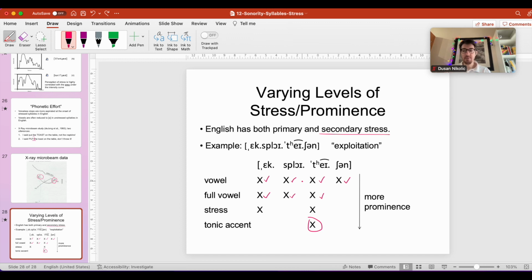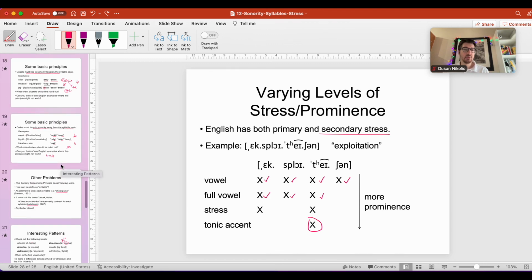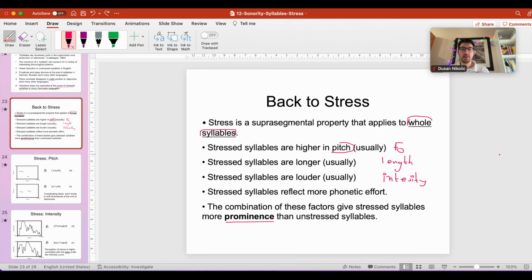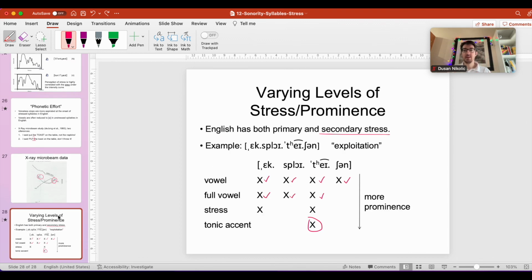However, pay attention or focus on just a single syllable that is in general higher in pitch, longer, and louder, right? That's how we determine stress. And I know you've been asking about it this whole term, but that's why I said it's complex.